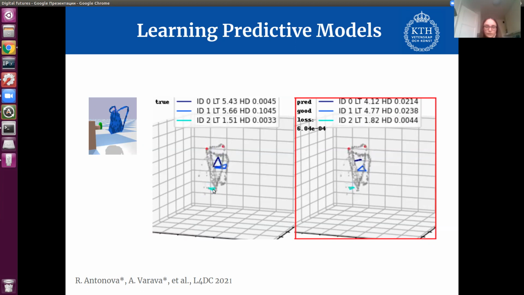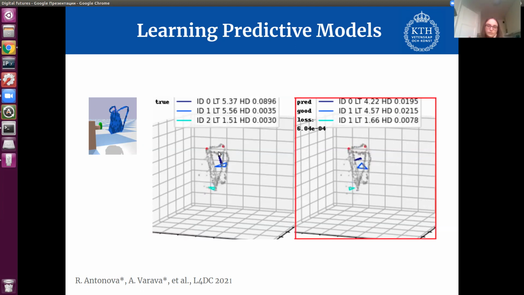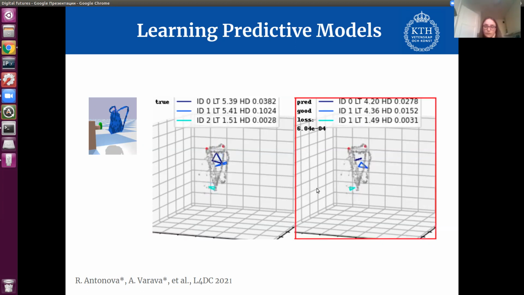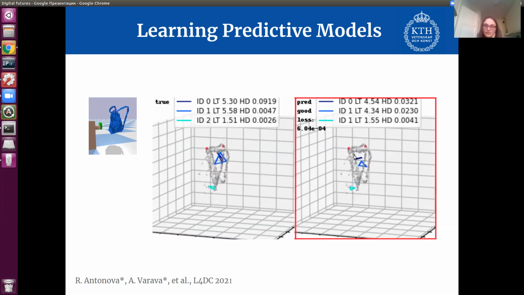Here on the left, we have the ground truth, which is the two openings that are being detected by our topological algorithm. They're detected here as triangles. So the white triangles are the centers of the two openings. And then on the right here, we have our predictive model that matches these triangles to what the model thinks is the opening of an object.